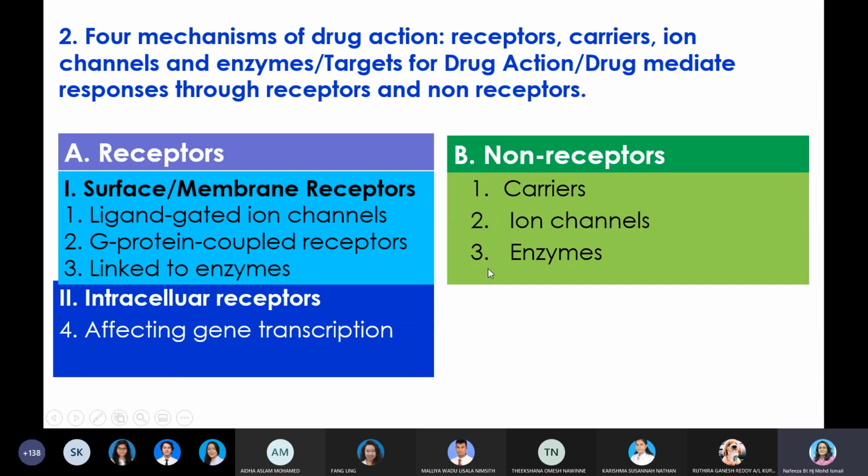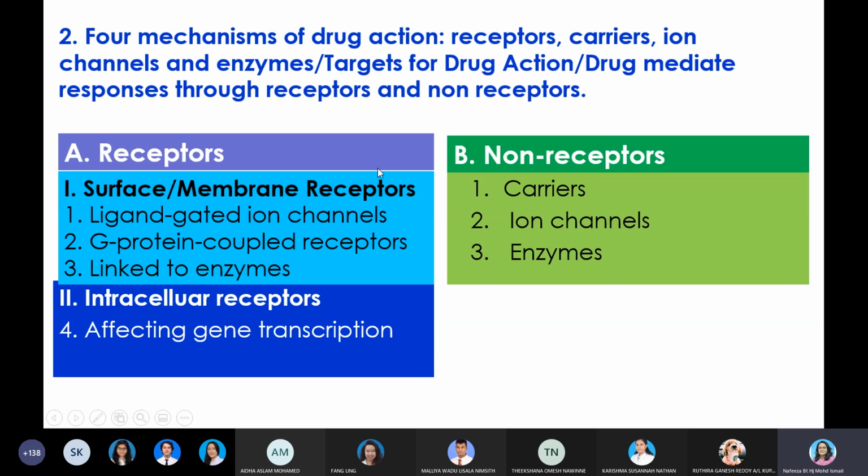Non-receptor mediated mechanisms: carriers, ion channels, enzymes. Now, students frequently get confused about the difference between the green panel and the blue panel. But there's no reason to be confused, because with these ion channels here, the drug has to act through a receptor before the ion channels are activated.